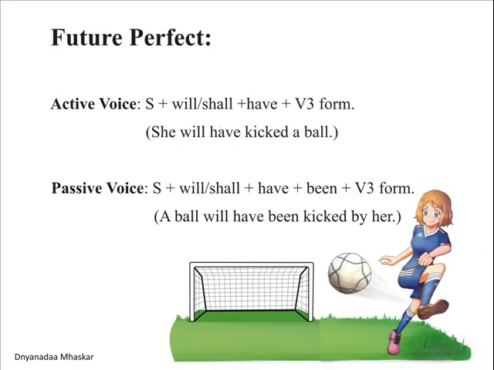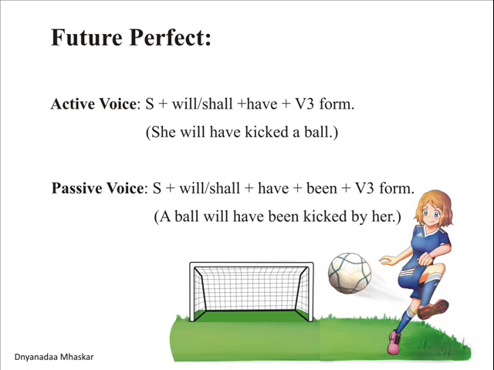We come to the last tense, that is future perfect. What is the form of future perfect in active voice? Subject plus will or shall plus have plus V3 form. She will have kicked a ball. In passive voice, what is the change? Subject plus will or shall plus have plus been plus V3 form. A ball will have been kicked by her.